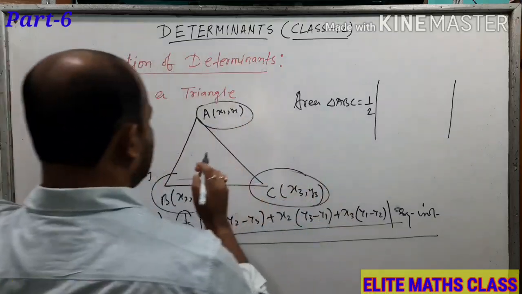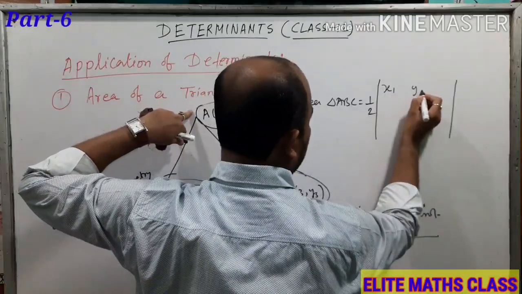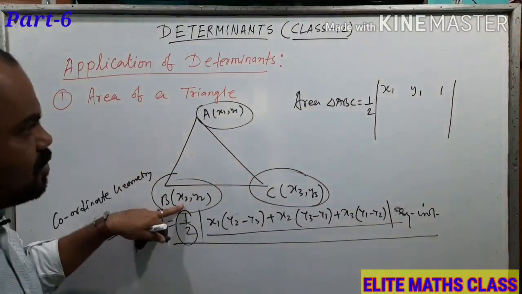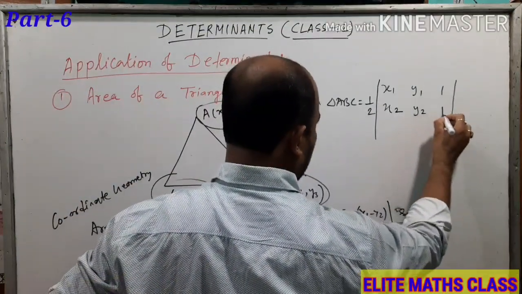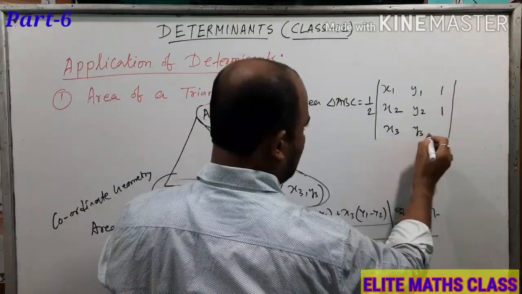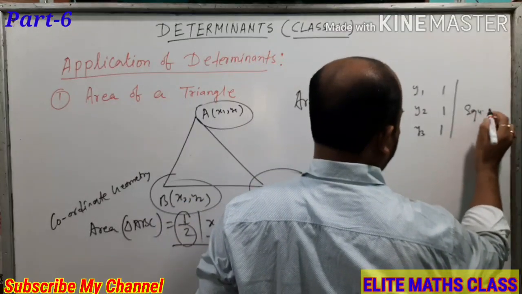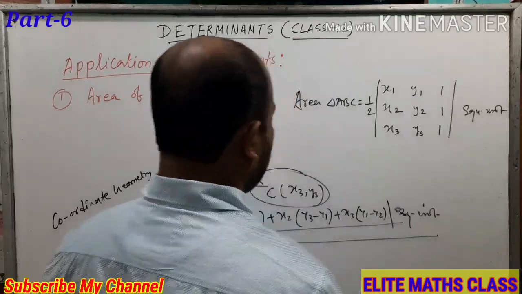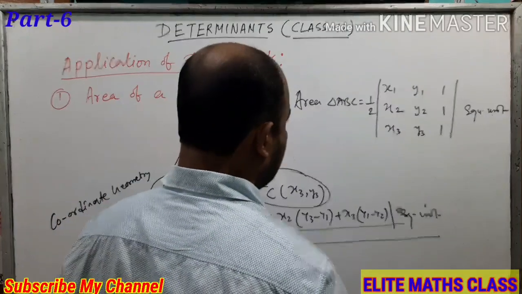The first point is x1, y1, so the first row is x1, y1 and 1. The second point is x2, y2, so the second row is x2, y2, 1, and the third point is x3, y3, so the third row is x3, y3 and 1, square unit. After expanding this determinant, you will get the same value as this formula is giving us. So this is the formula.